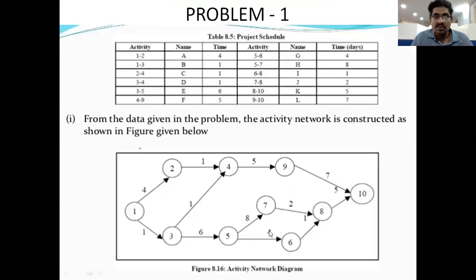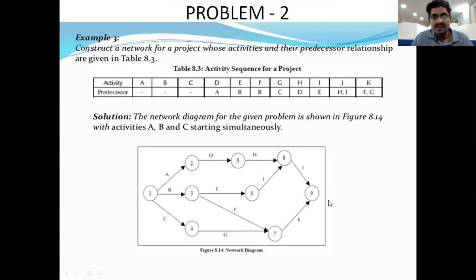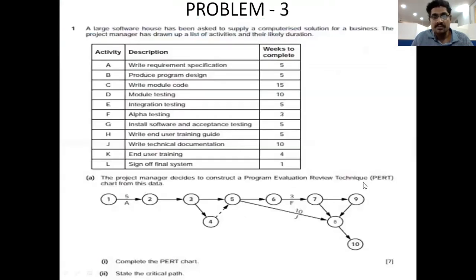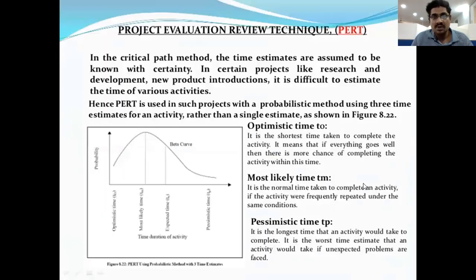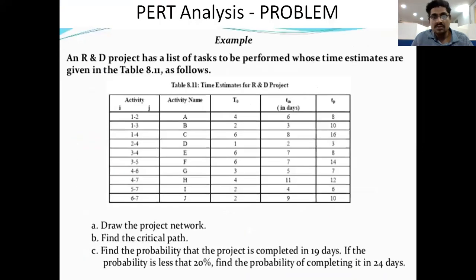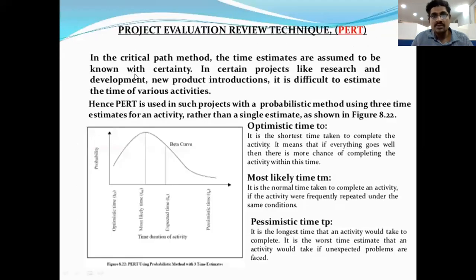So these are a few example problems. So problem, network diagram. So another problem. This is about project evaluation review technique. So in this model, we also have another problem.